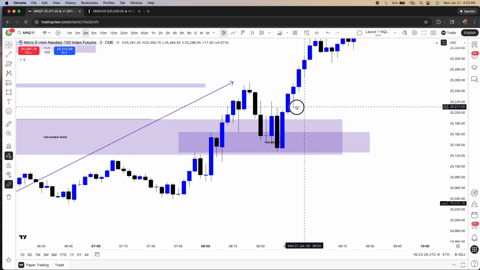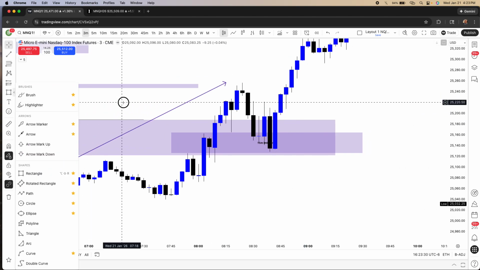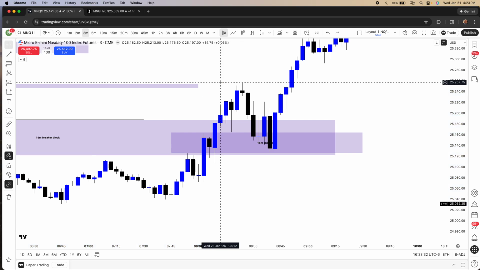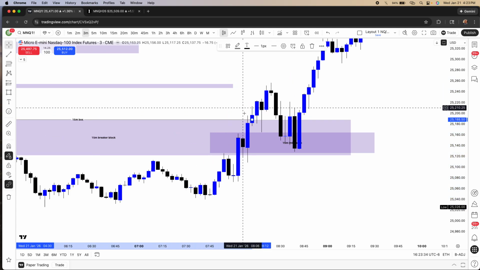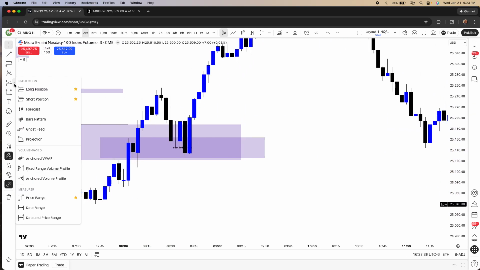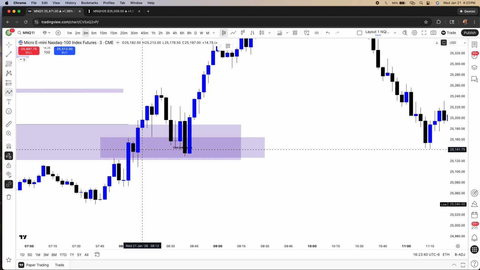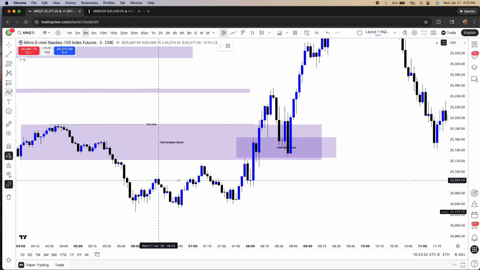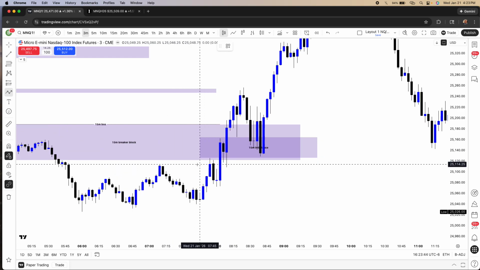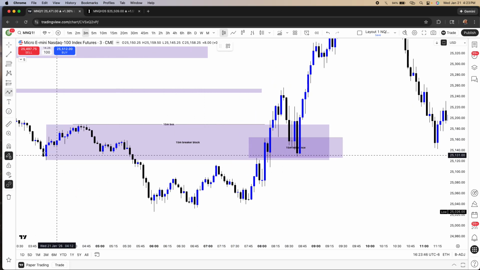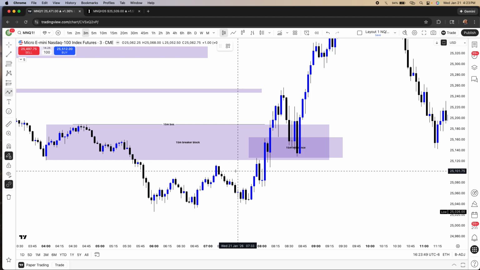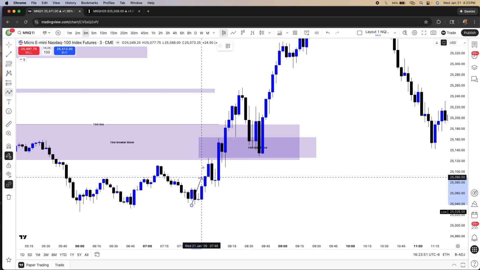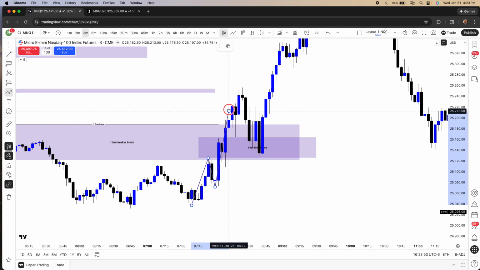Now, if we look on the lower time frame, let me get rid of that now because we know we're bullish on the 15-minute. I'm now on the 3-minute time frame using multiple time frame analysis to figure out my trade. You can see we pretty much got higher highs and higher lows on the 3-minute time frame right here.